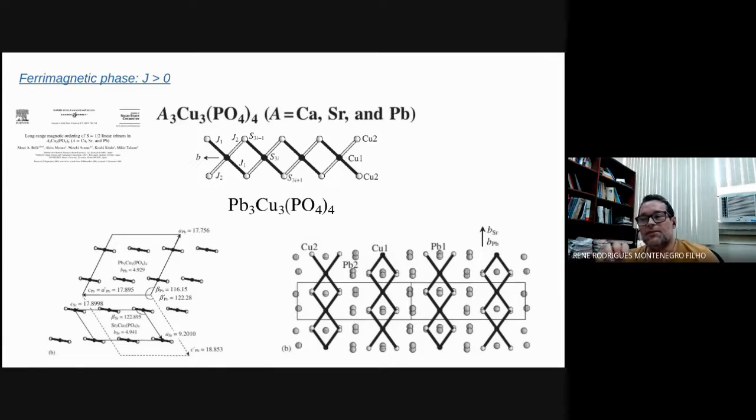Now we study the susceptibility of the ferrimagnetic phase for positive values of J. And interestingly, there is a compound that has a ferrimagnetic behavior, and we have tried to fit our results to the experimental results of this compound.